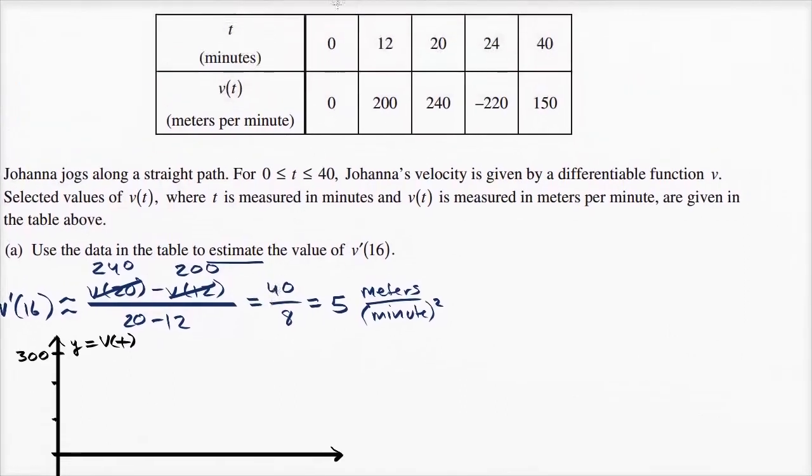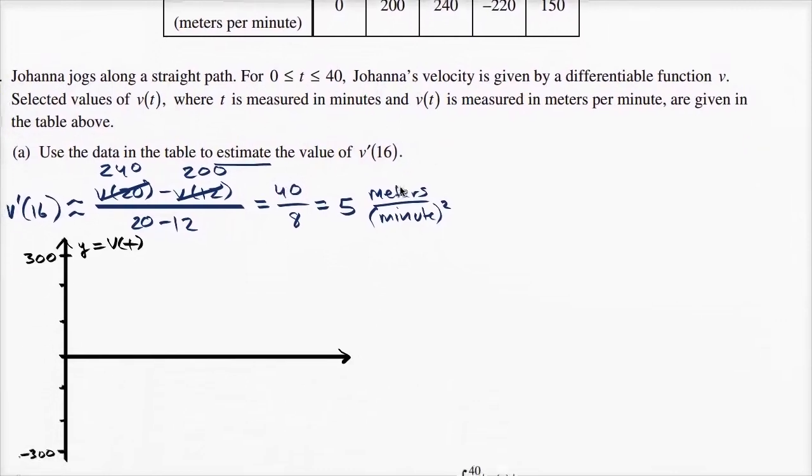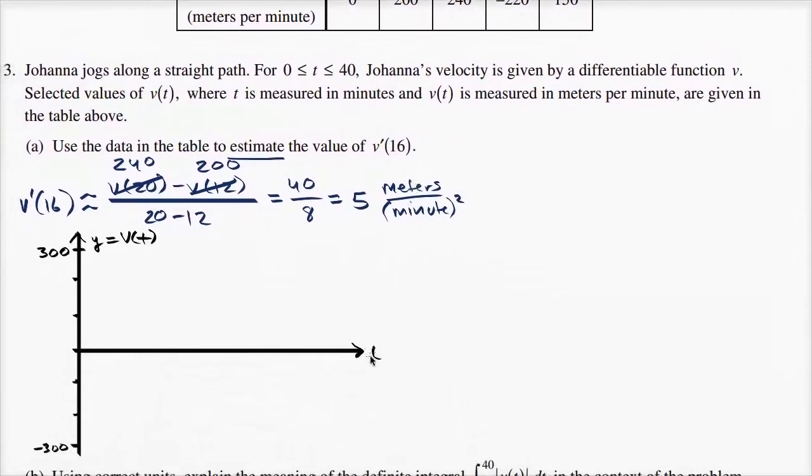And on the t-axis, our highest value is 40. We go between 0 and 40. These obviously aren't at the same scale, but this is going to be 0. If we put 40 here, and then put 20 in between, this would be 10, and then that would be 30.